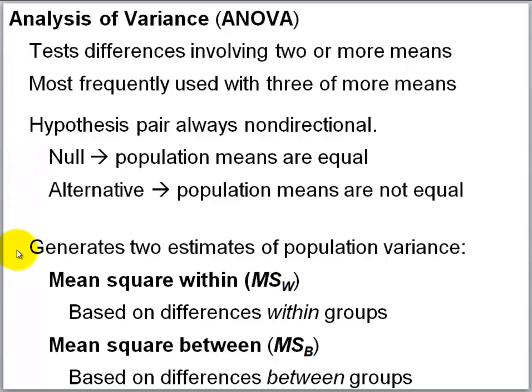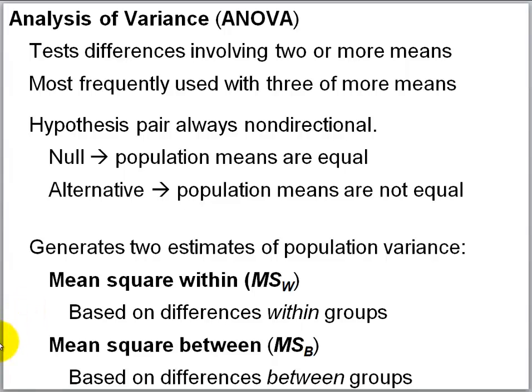ANOVA generates two estimates of the population variance. These are the mean square within and the mean square between. Now, the mean square within is based on differences within group. That is to say, it's based on how variable the scores of the different cases in any given group are.